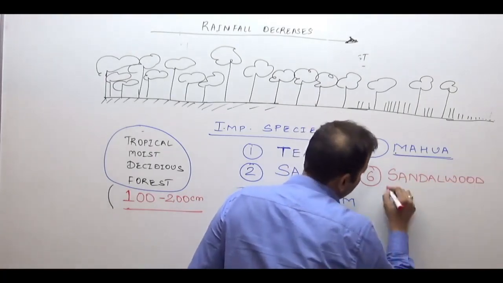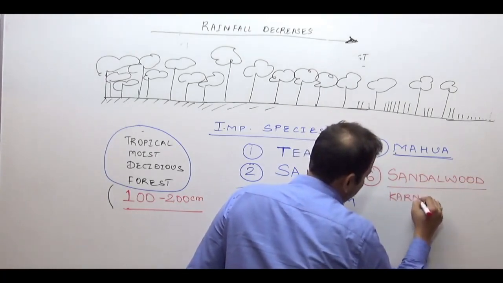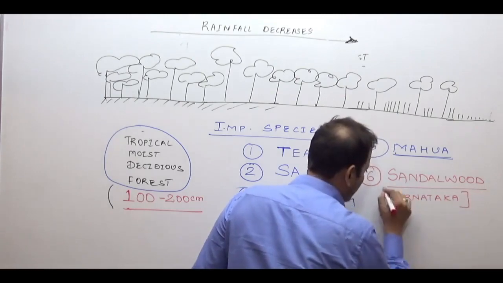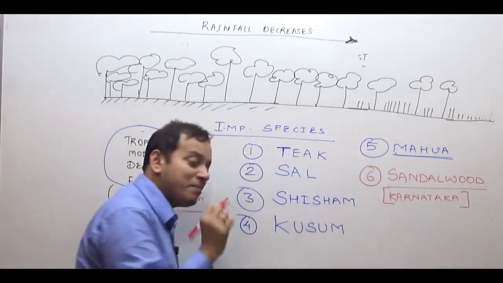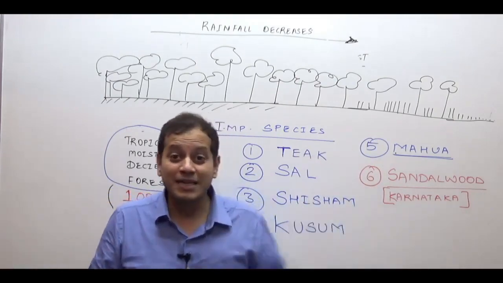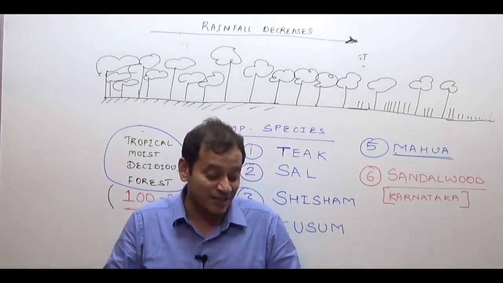Mostly in the state of Karnataka. Sandalwood is an endemic species of the southern part of the plateau. It is not found in the Himalayan ranges. It is found in this tropical moist deciduous forest region.